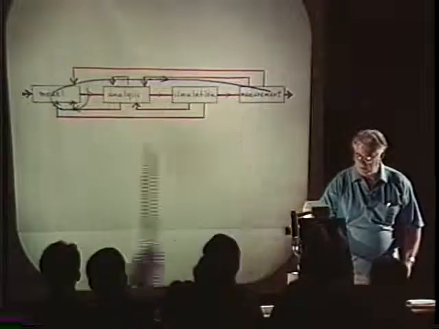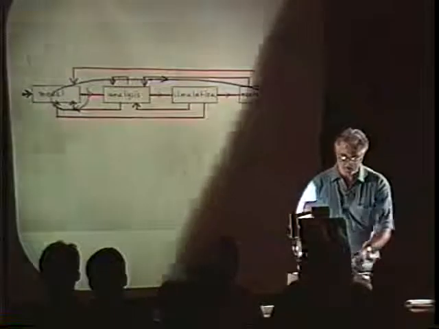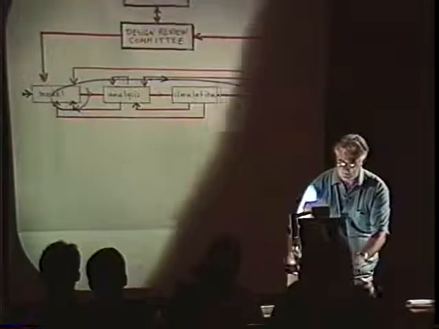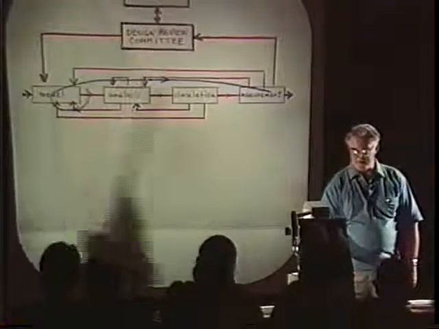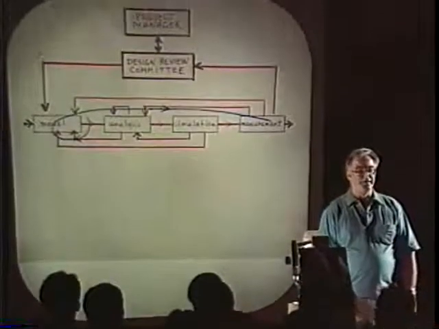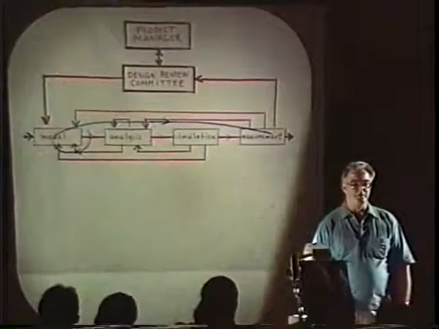So all the way around these internal little loops as part of the iteration process, again, overall, you have the project management and the design review committee watching what's going on and getting reports, both written and oral presentations.